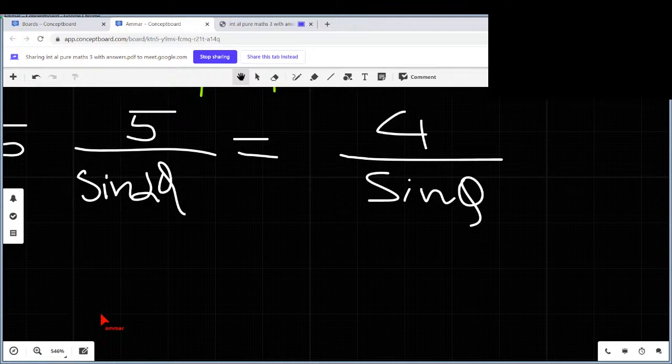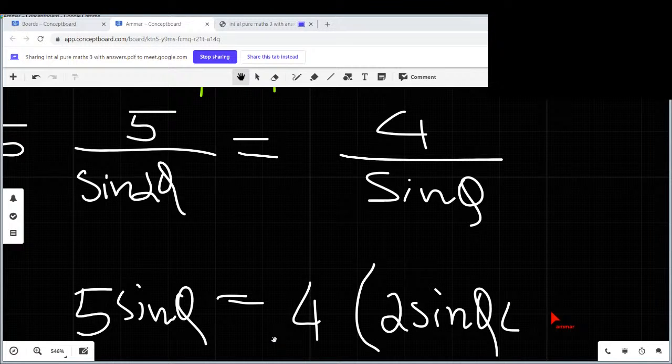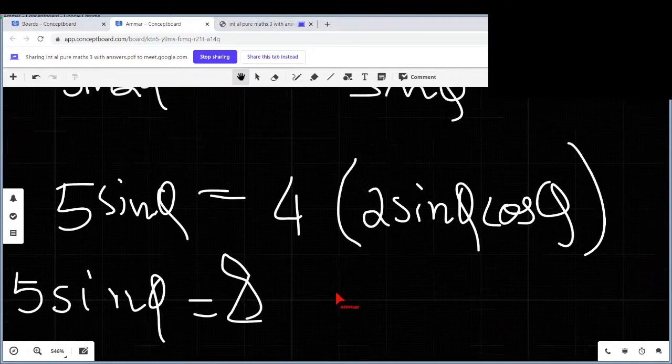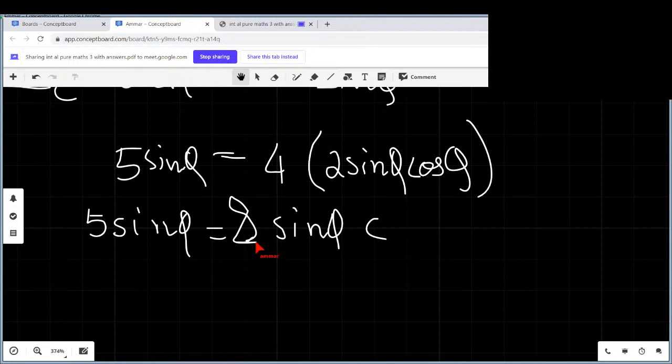So 5 sine theta is equal to 4 sine 2 theta. What is sine 2 theta? It's 2 sine theta cos theta. So 5 sine theta is equal to 8 sine theta cos theta.